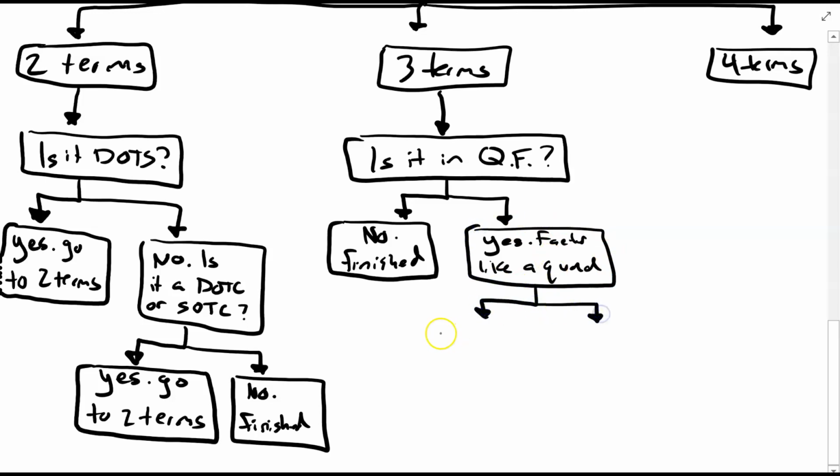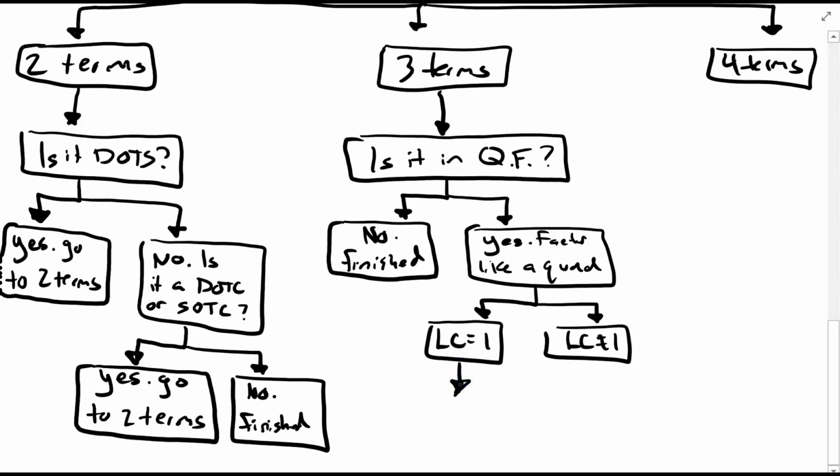So if I was factoring something like a quadratic, there were two situations that I cared about: when the leading coefficient was 1 and when the leading coefficient was not 1.